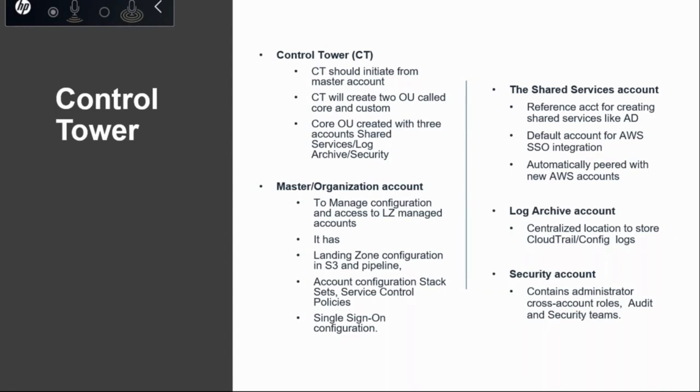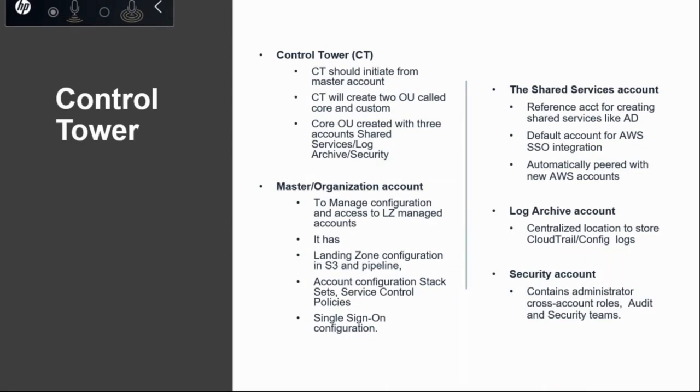The second key account is the shared services account. Normally, it contains shared services. Assume that I have an AD or a SharePoint. You can keep all those servers in the shared services account, because in the shared services account, AWS creates a shared VPC by default. The servers in the shared VPC can be shared across many accounts.